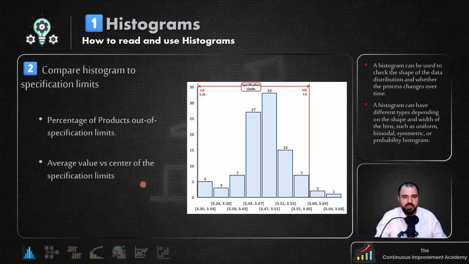So the actual range here is from 3.3 until 3.68, and the acceptable range is 3.28 until 3.6, and the actual average here will be around this value, right? But the actual target, we will see about it, which would be the middle value between 3.6 and 3.28. We'll talk about this in a moment.